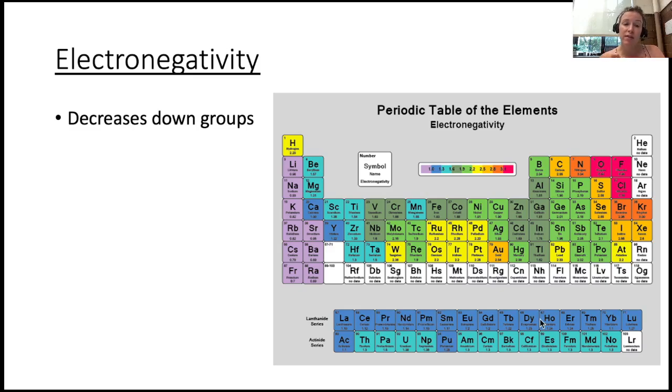So electronegativity decreases down a group. So it decreases as we move from top to bottom. Why does this make sense? Well, I want to compare this to what we were just learning about with atomic radius.